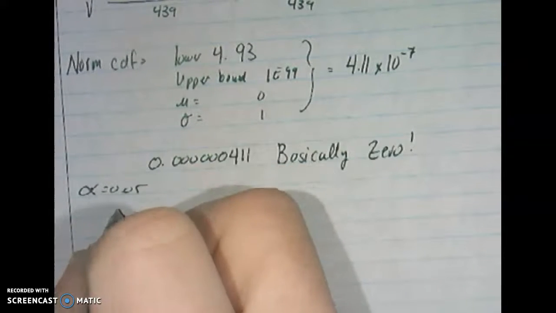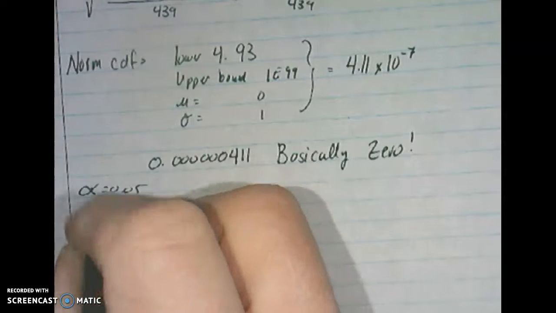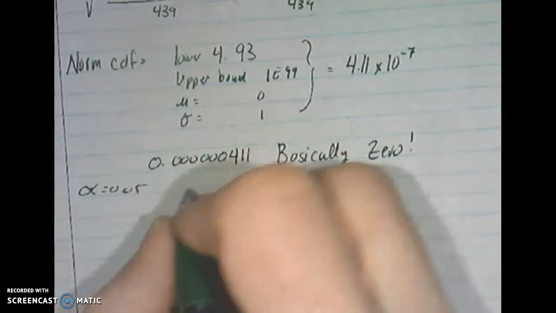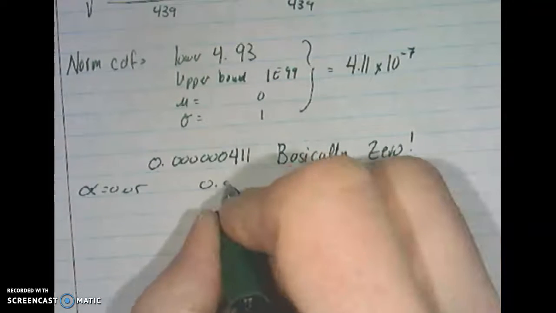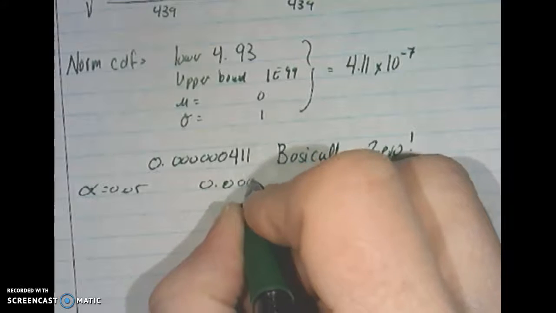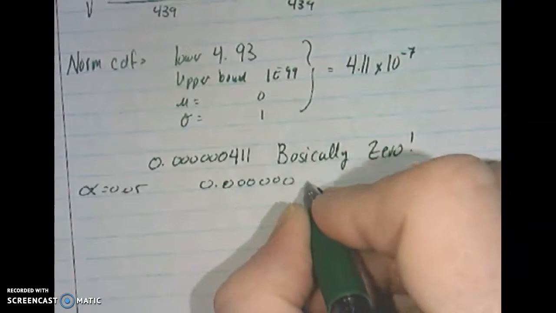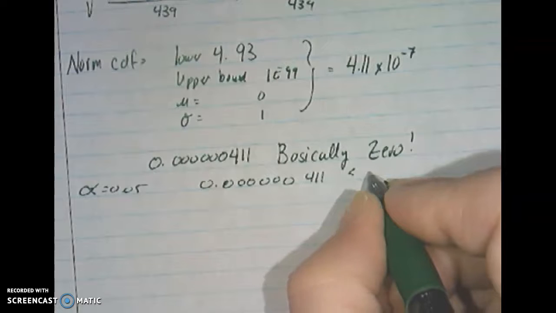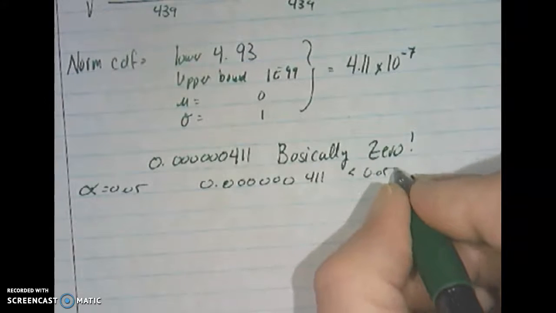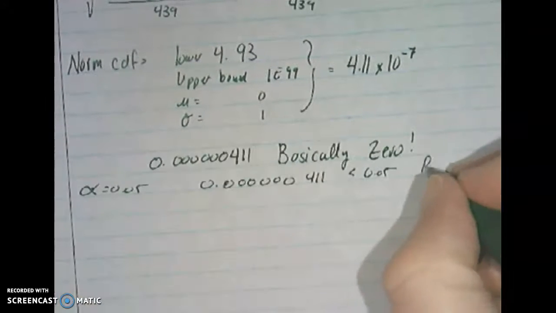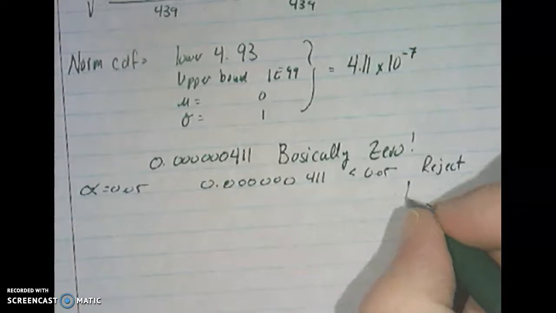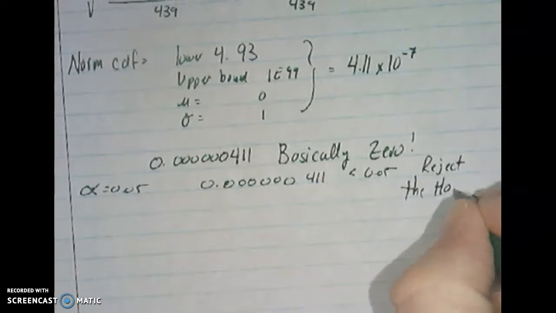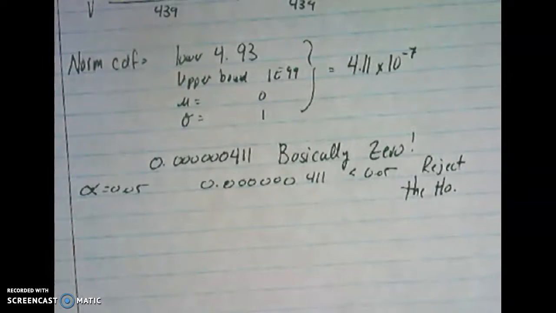Okay, so then I'd come in and say 4.11 times 10 to the negative 7th is less than 0.05, which means we reject the null hypothesis.